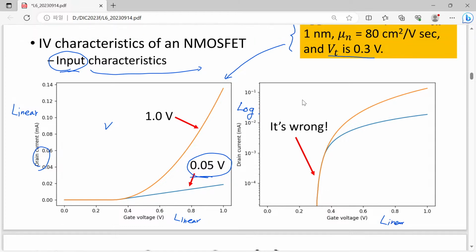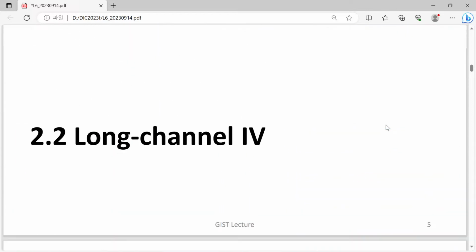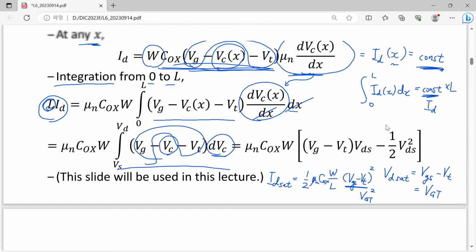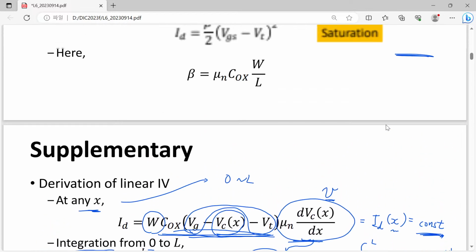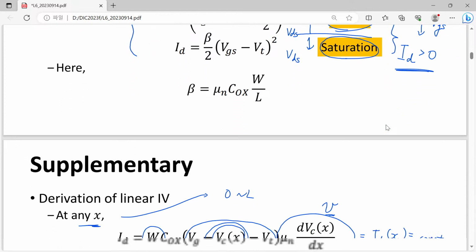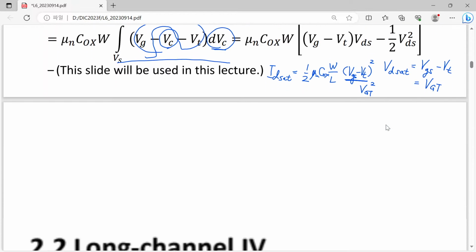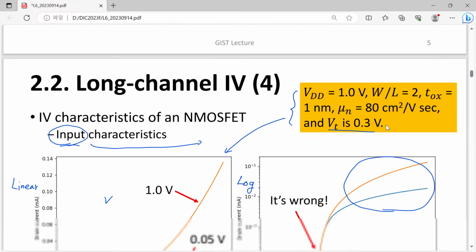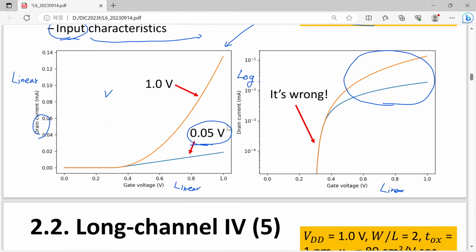Now you can find a certain behavior. According to our simple equation studied in the previous lecture, below the threshold voltage we have no current. That's the reason why we have a really steep behavior shown here.